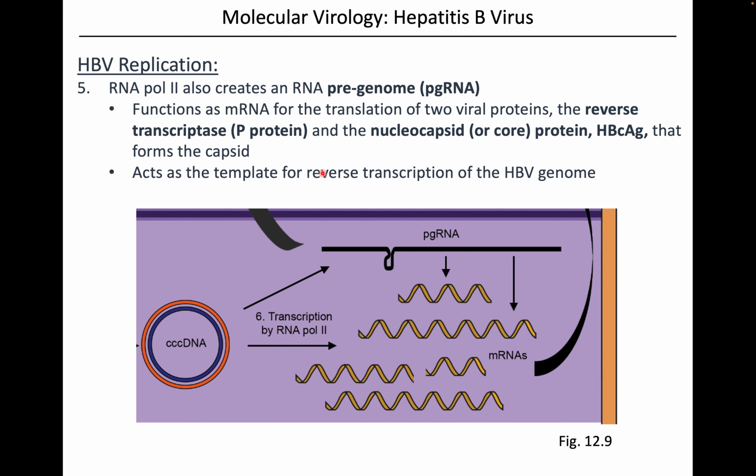But this also functions as a messenger RNA to create a couple of proteins, in particular reverse transcriptase and nucleocapsid protein, as well as serving as the template for creating copies of the HBV genome through reverse transcription, which is what we're going to look at next.